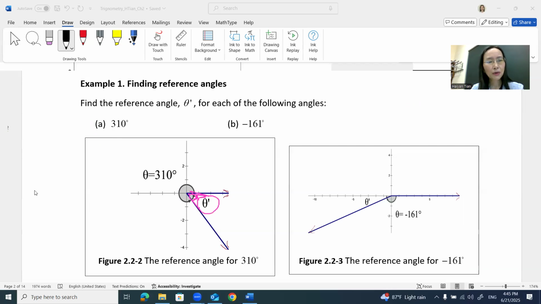We call it theta prime. That's only the name of the reference angle. But to find it, look, a complete rotation is 360. So the acute angle must be 360 degrees minus 310, which is a 50-degree angle. So theta prime is a 50-degree angle.